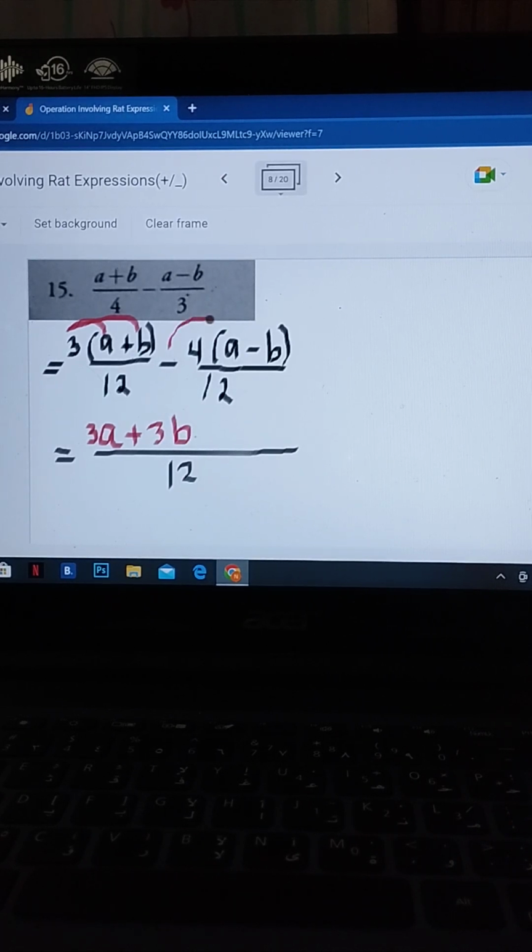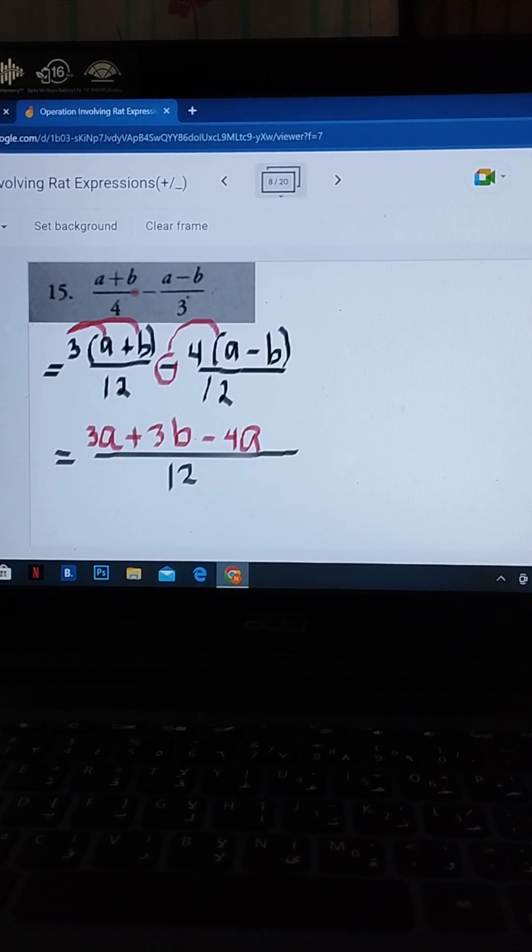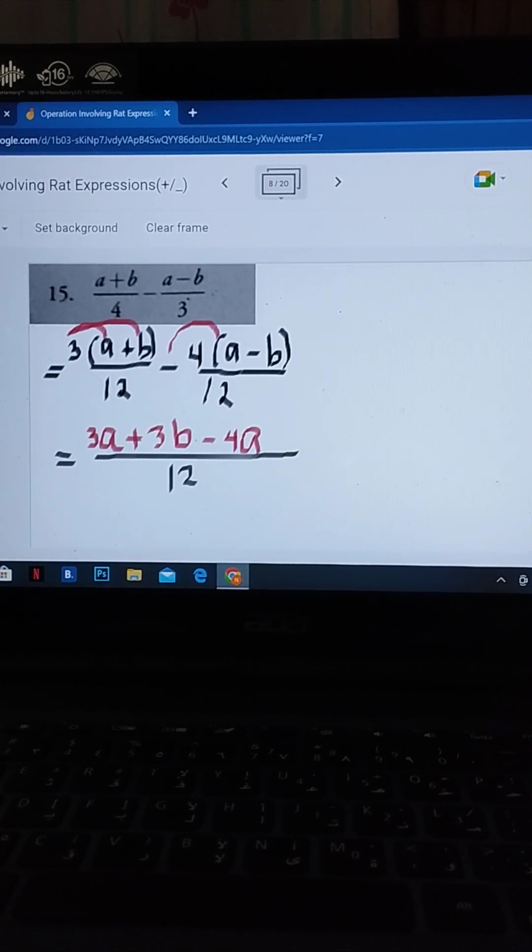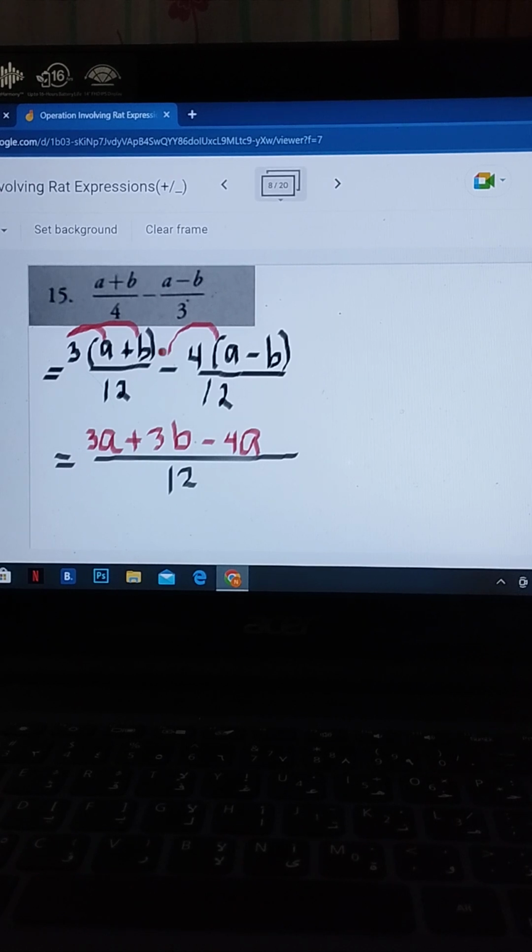Then negative 4 times A is negative 4A. So you will consider this now as the sign of 4. So negative 4 times negative B is positive 4B.